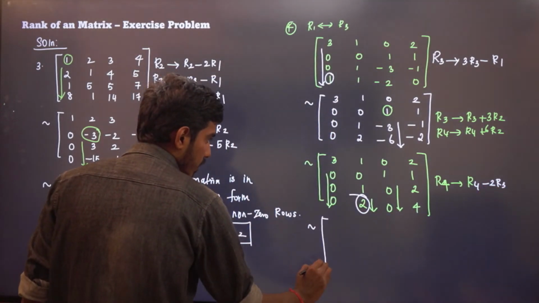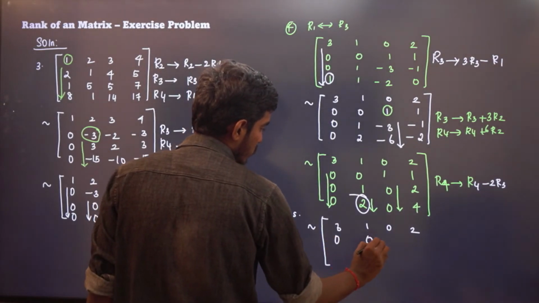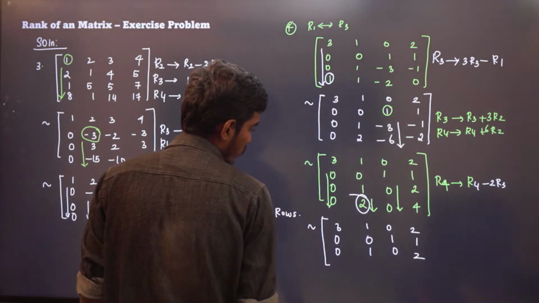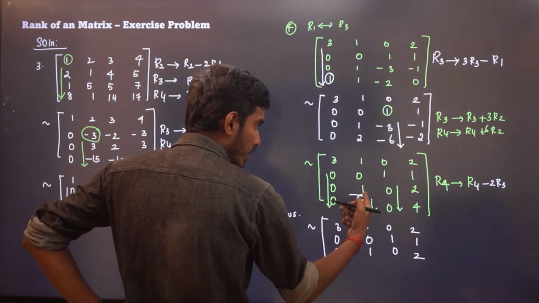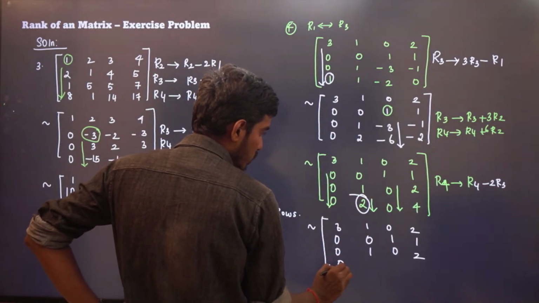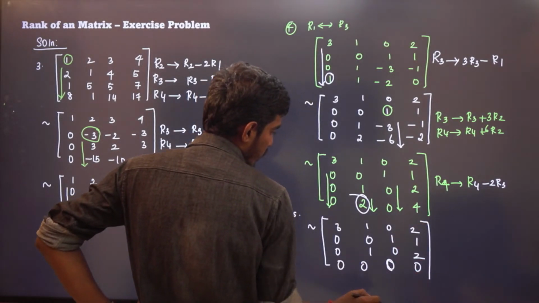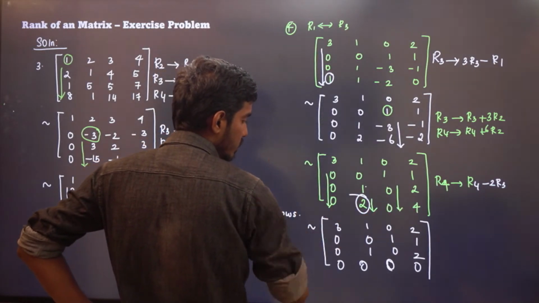This is equivalent to 3 1 0 2, 0 0 1 1, 0 1 0 2. Yes, now we'll multiply 2 and then subtract, right? We have to multiply 2 and then subtract. 0 0 0 0, right? Yes or no?